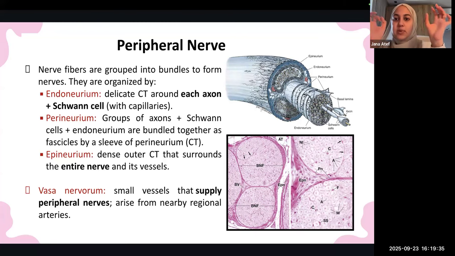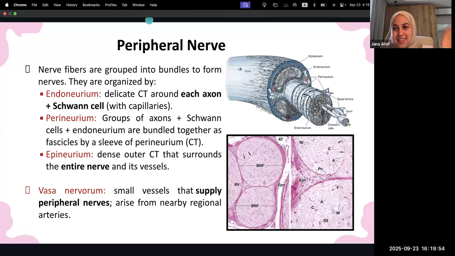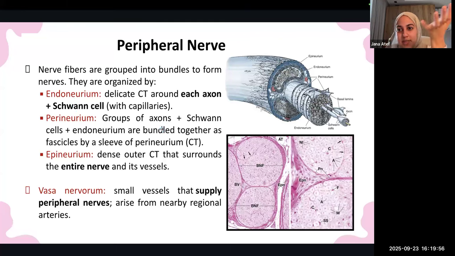Perineurium is around the axon and its Schwann cell. Endoneurium connects each axon by themselves. Endoneurium and perineurium are not that high yield because the lines blur between them. So just know that the epineurium is the one that covers the entire nerve.